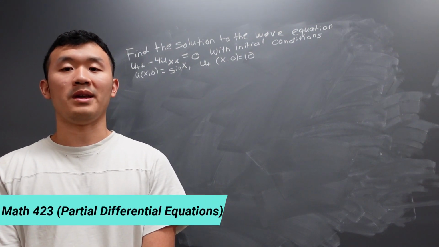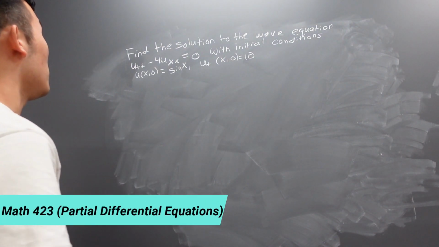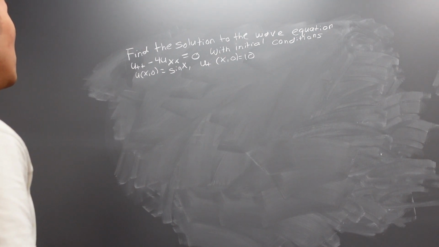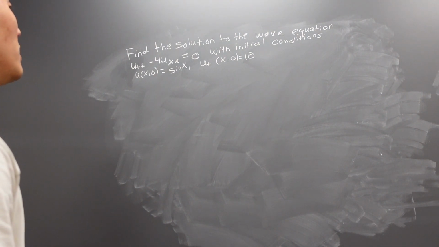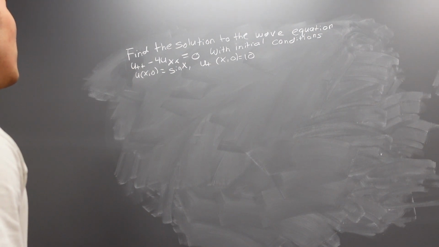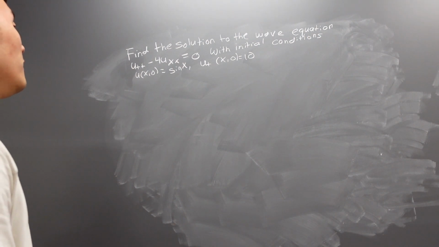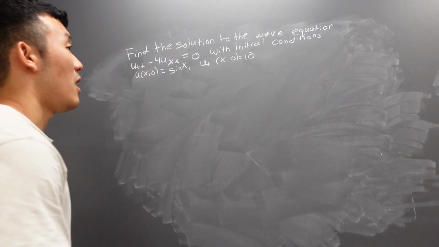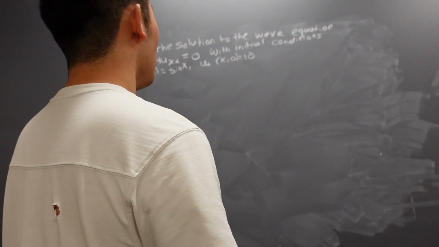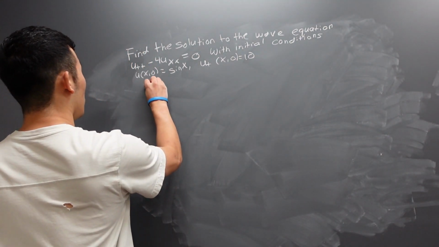So in this next problem here, we're trying to find the solution to the wave equation u_tt minus 4u_xx is equal to 0 with initial conditions of u(x,0) is equal to sine of x, u_t(x,0) is equal to 10. So to start off, let's solve the initial value problem. Let me do this.